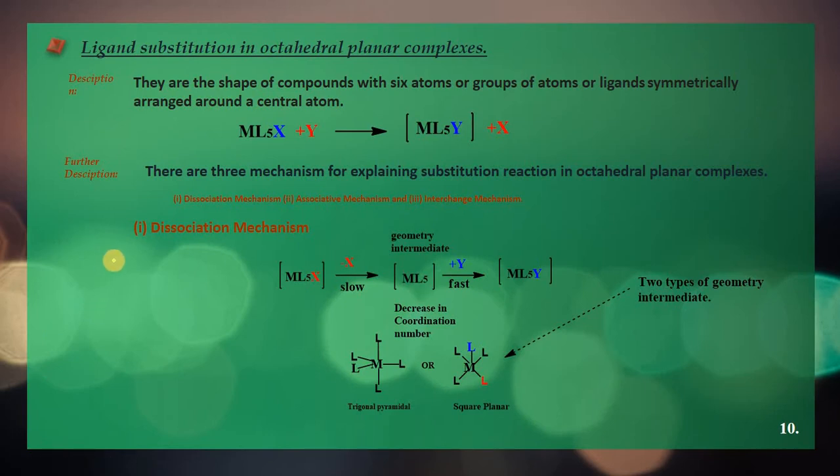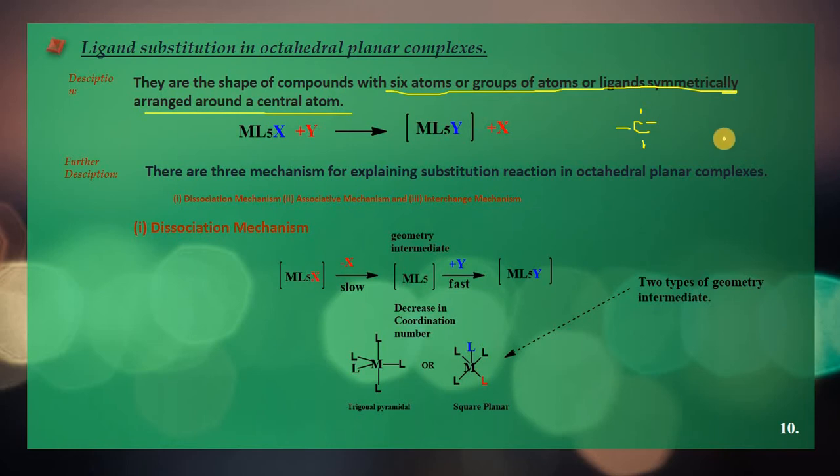So now I'm progressing to ligand substitution in octahedral complexes. Brief description: they are compounds with 6 atoms or groups of atoms, or ligands, symmetrically arranged around the central atom. I was able to talk about square planar, which I mentioned has 4.